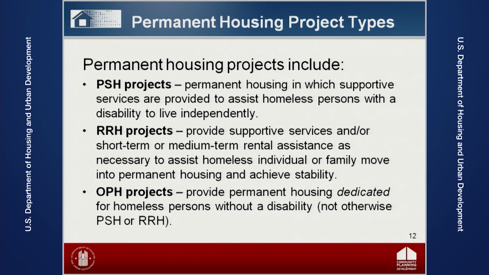For rapid rehousing projects, those include projects that provide supportive services and/or short-term, which may be up to 3 months, and/or medium-term, 3 to 24 months, of rental assistance as necessary to help a homeless individual or family with or without disabilities move as quickly as possible into permanent housing and achieve stability in that housing.